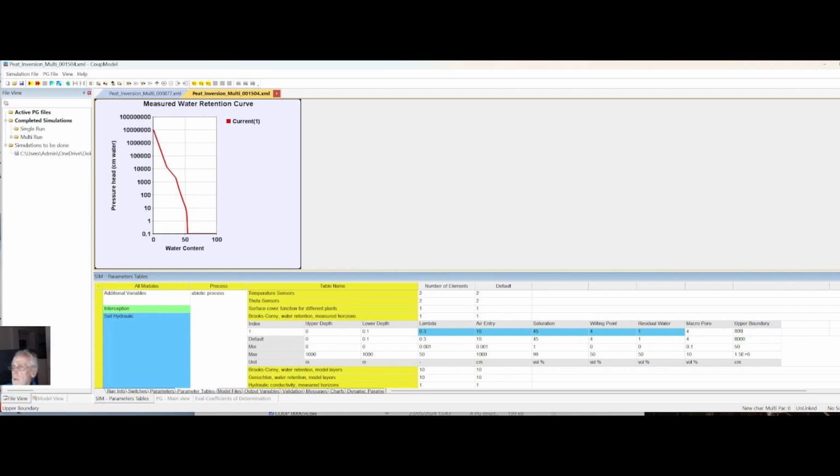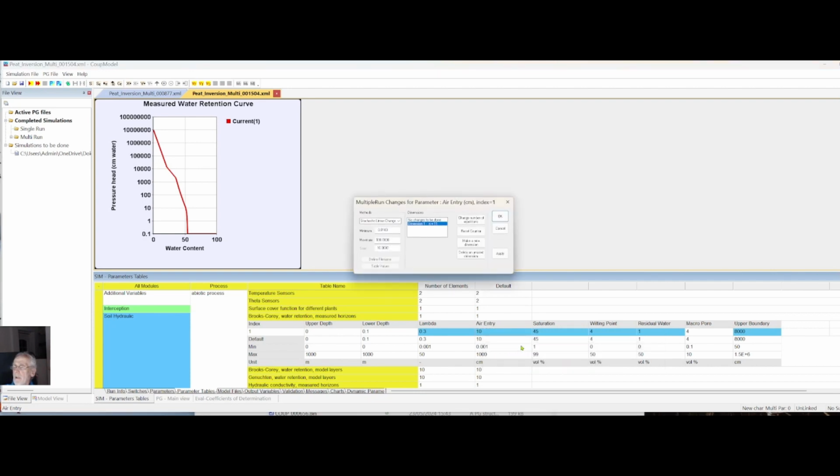I can explain that maybe later what it is, but now we have the default sandy soil in the model, and maybe we can take one of those parameters for a multi-run selection. So for the air entry, for instance, I can set that as a multi-run.